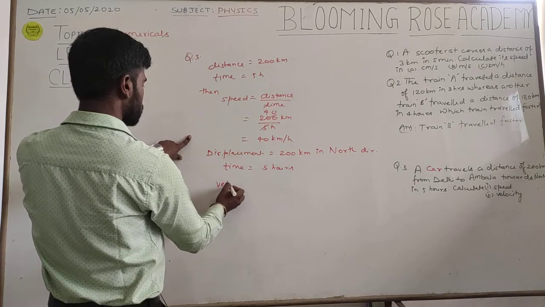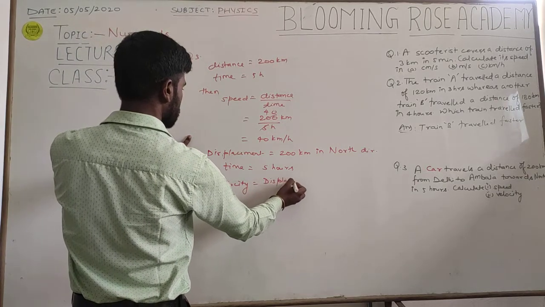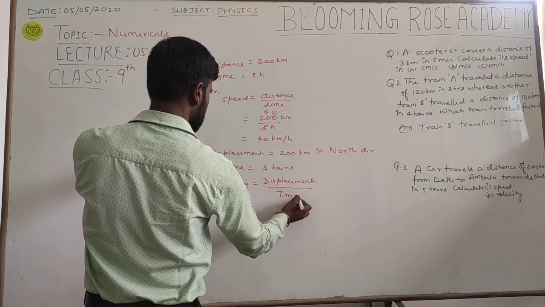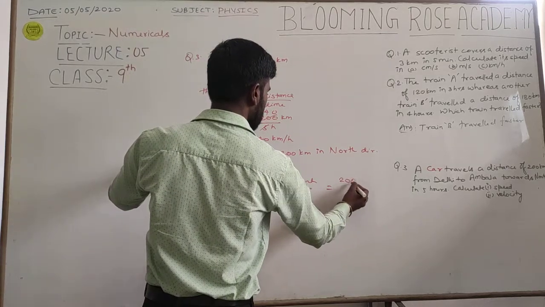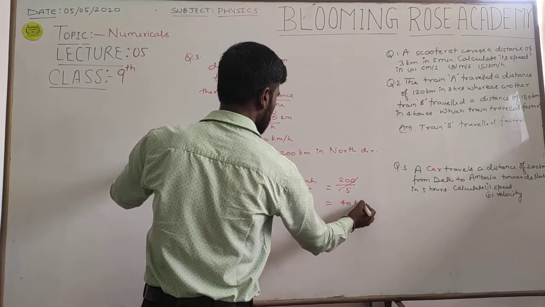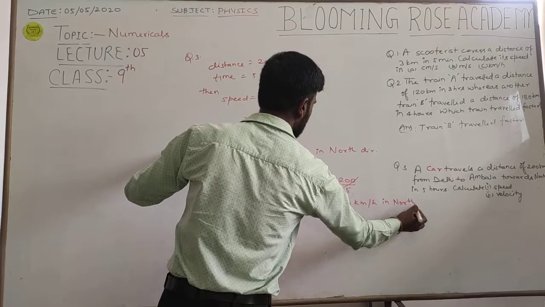Then velocity will be displacement upon time, and it will be 200 upon 5, meaning 40 km per hour in the north direction.